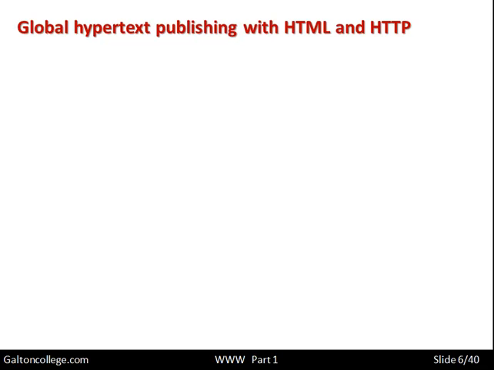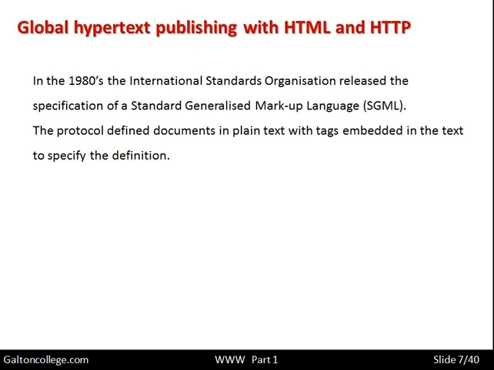Global hypertext publishing with HTML and HTTP. In the 1980s, the International Standard Organization released the specification of a Standard Generalized Markup Language, SGML. This was back in the 1980s. The protocol defined documents in plain text with tags embedded in the text to specify the definition.